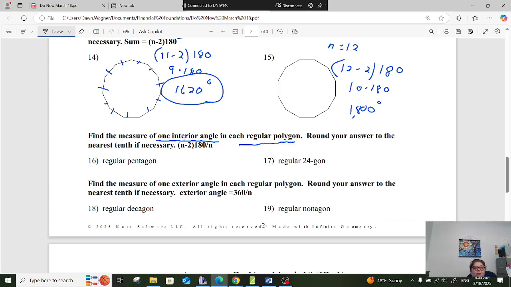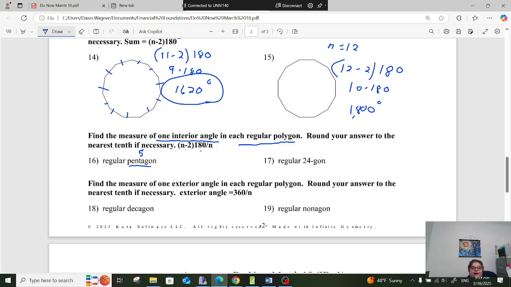Okay. So one interior angle means you divide by n. So pentagon. How many sides is a pentagon? You are correct. Good job. So 5 sides.